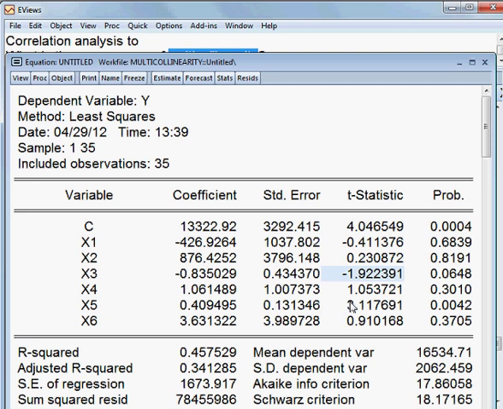Here this p-value is very small, and that is why the t-value is so big. So there exists an opposite association.